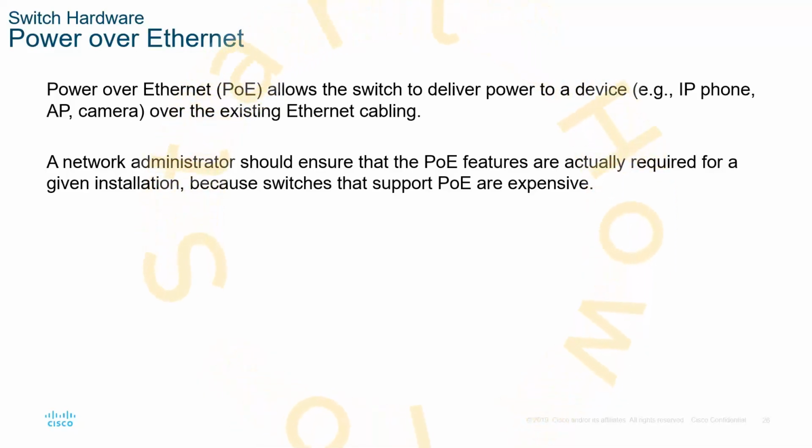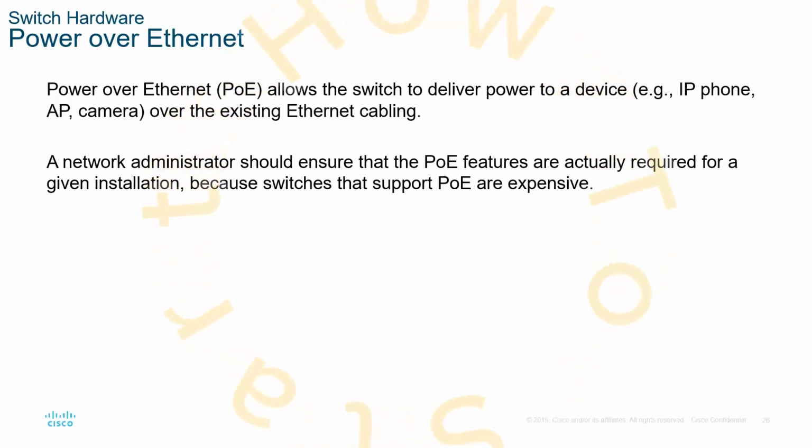However, that means that fabric must support the Power over Ethernet. And there are different flavors of PoE, so also keep that in mind. It's not just all PoE is functioning. PoE has been around for quite a while now, so there are different versions of PoE. PoE versus PoE plus versus PoE plus plus.